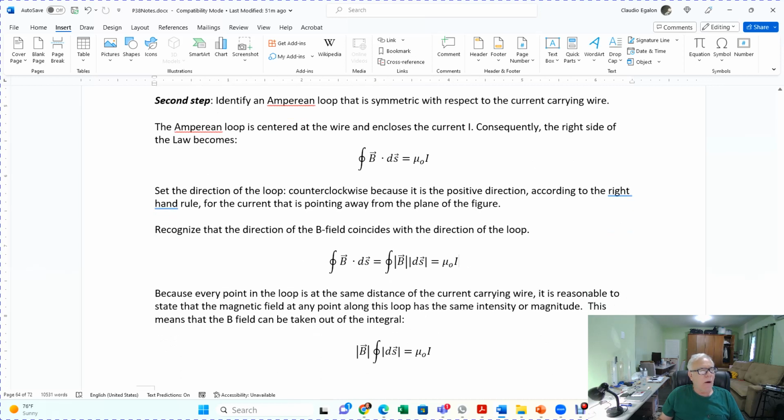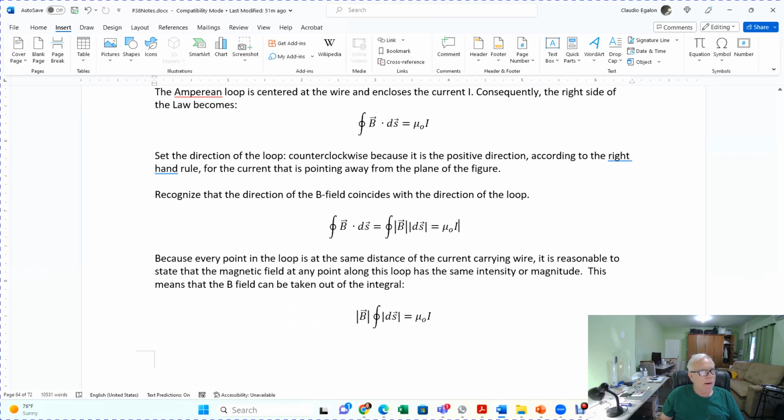And now that we know that the magnitude of the magnetic field in that Amperian loop is constant, we can take it out of the path integral. That's what this step is all about.